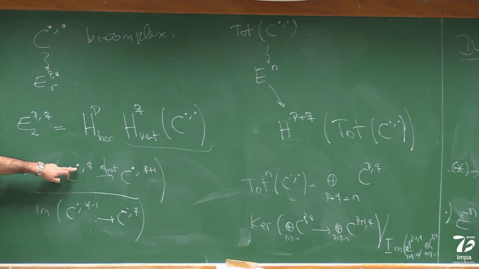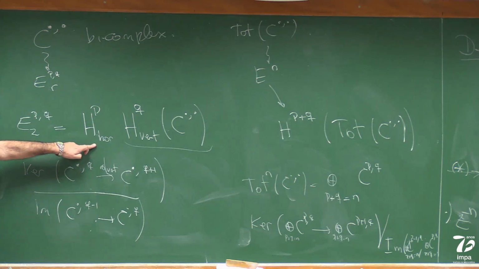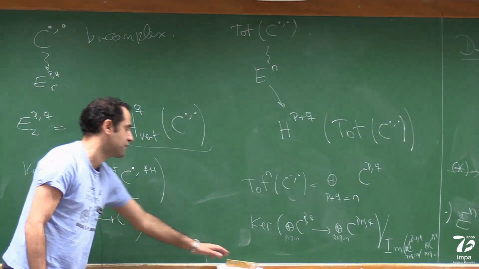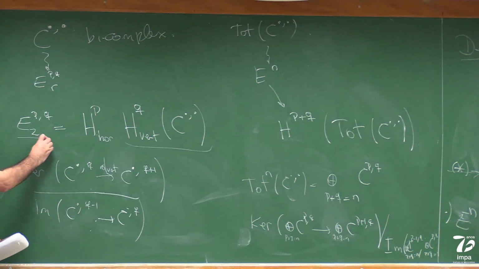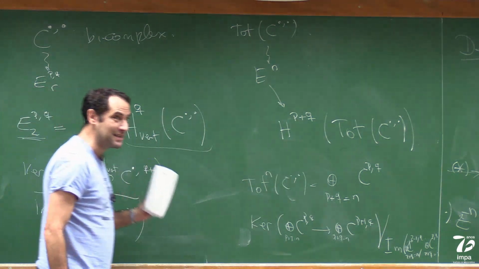So this is still a complex in the first variable, and the horizontal differential is the differential of that complex, and the homology of that complex is this space, E2. So now I need to tell you what is the differential of this E2.